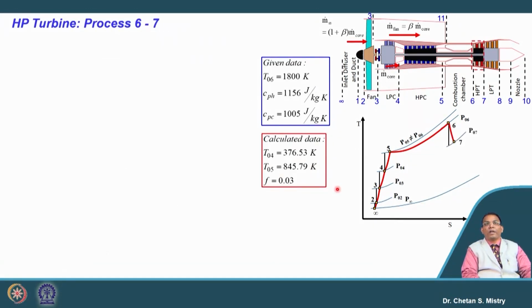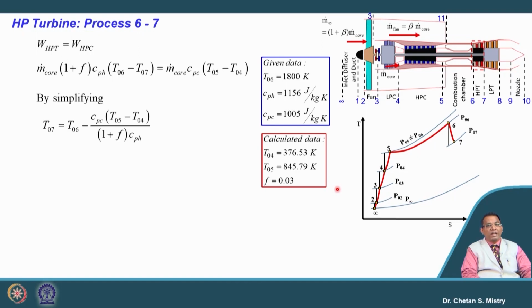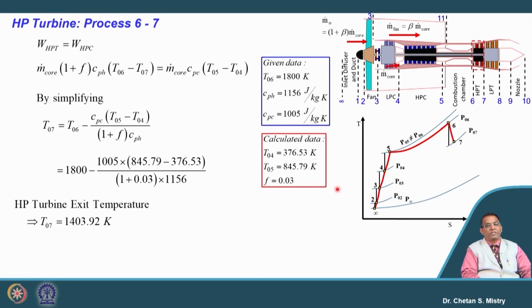Okay. Now, for my HP turbine, we know this HP turbine is used to rotate my HP compressor. So, we will be doing our work balance, and if we write this work balance, this will be the formulation. Then we can calculate our exit temperature from the HP turbine, and this exit temperature is coming to be 1403.92 Kelvin.